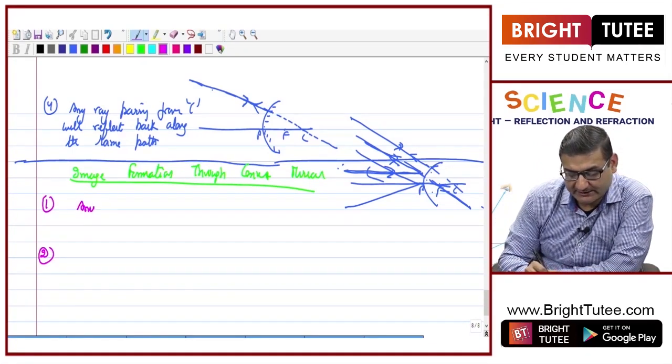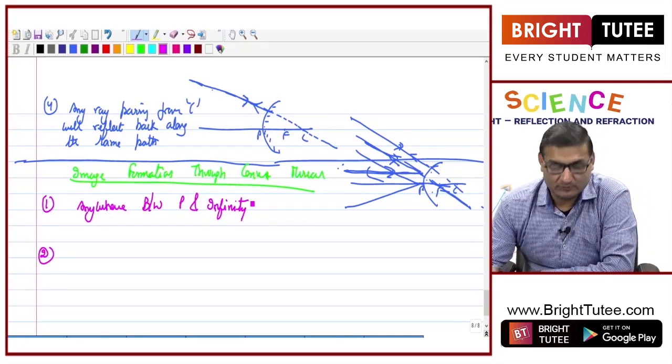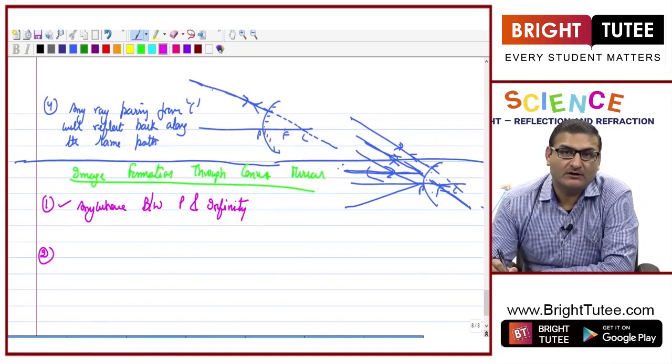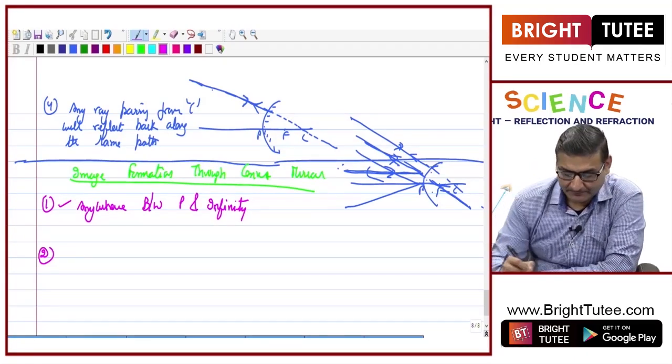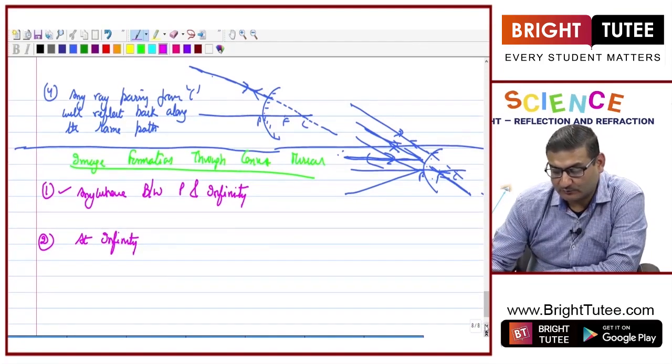First position is anywhere between pole and infinity. So, this particular first position in convex mirrors includes all the 5 initial positions in case of concave mirrors, right? And the second position is at infinity.